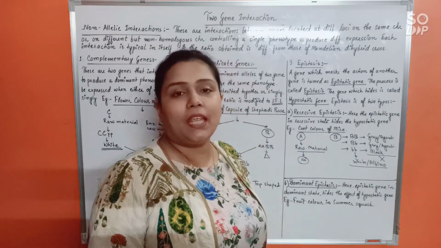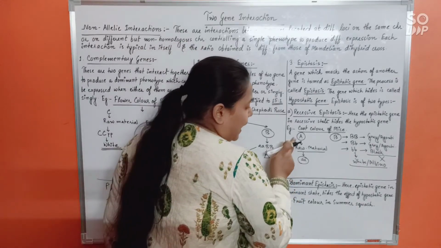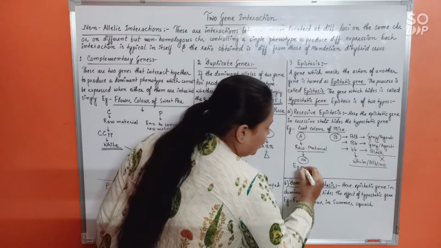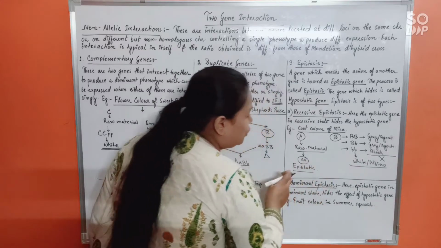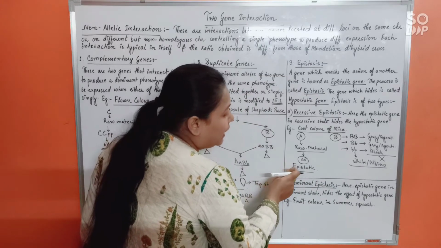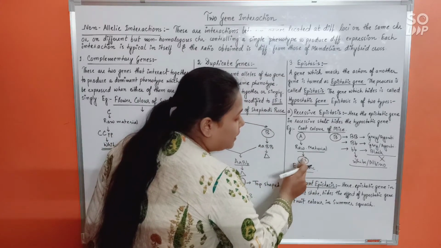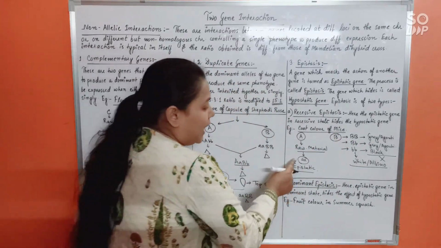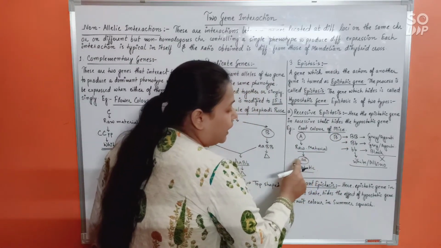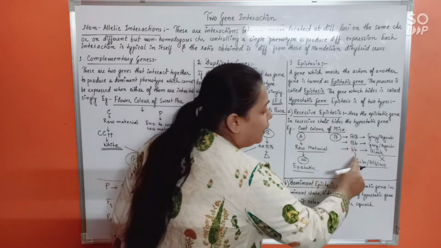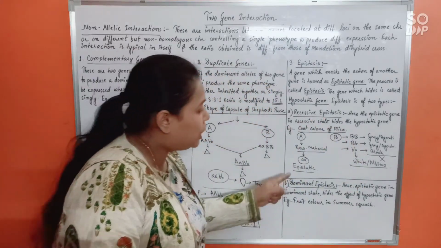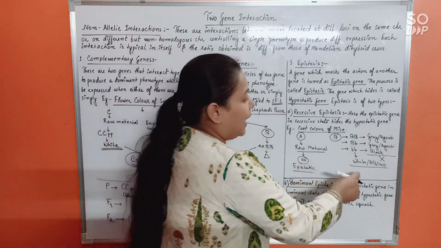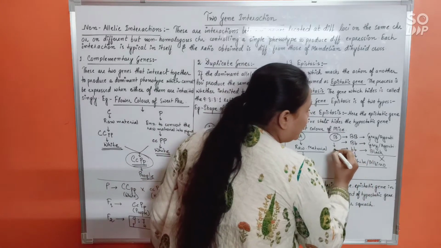Understood? So what's happening here? See, gene A is acting here as an epistatic gene. Why? Because gene A, when in the recessive state, is it allowing gene B to express itself? Gene A in the recessive state is masking the effect of gene B. So gene A is acting like an epistatic gene and gene B is acting here as a hypostatic gene, isn't it?